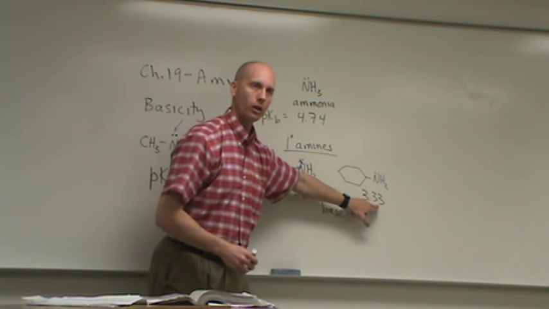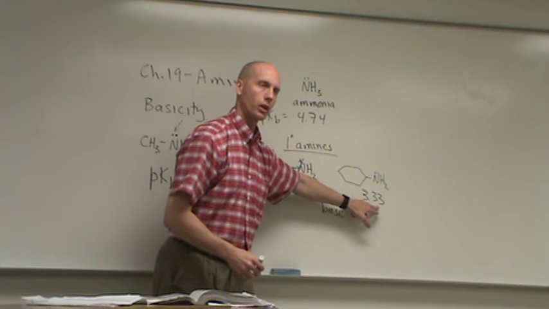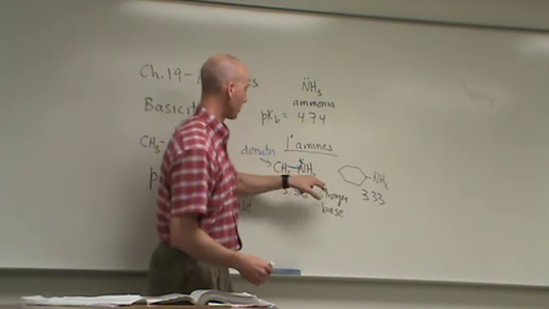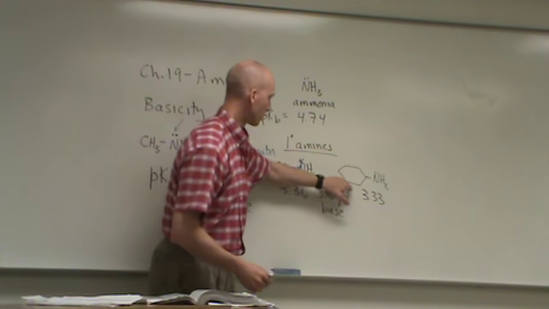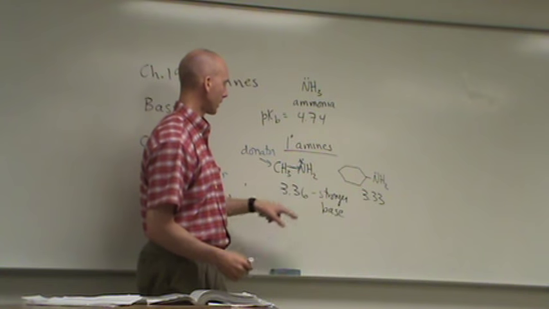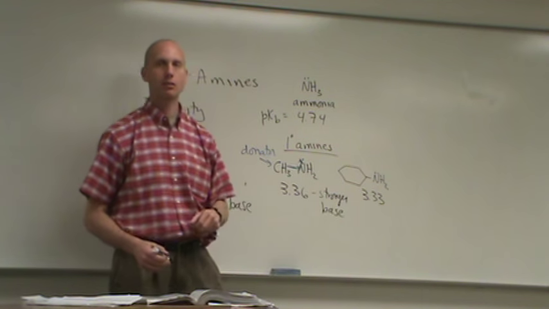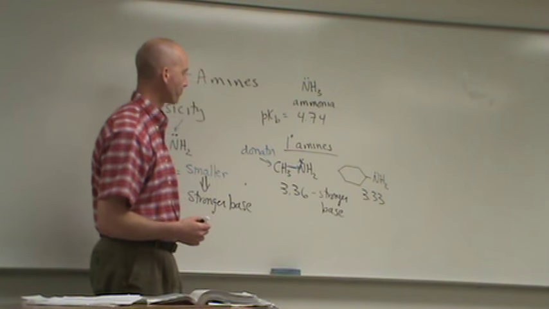Just a little stronger, not much at all, is it? But what could you say about the cyclohexane group versus the methyl? It's a little stronger donator, isn't it? Not by much, but it's just a little bit there. So that's how we can use pKb's to see what's a stronger donator and so on.